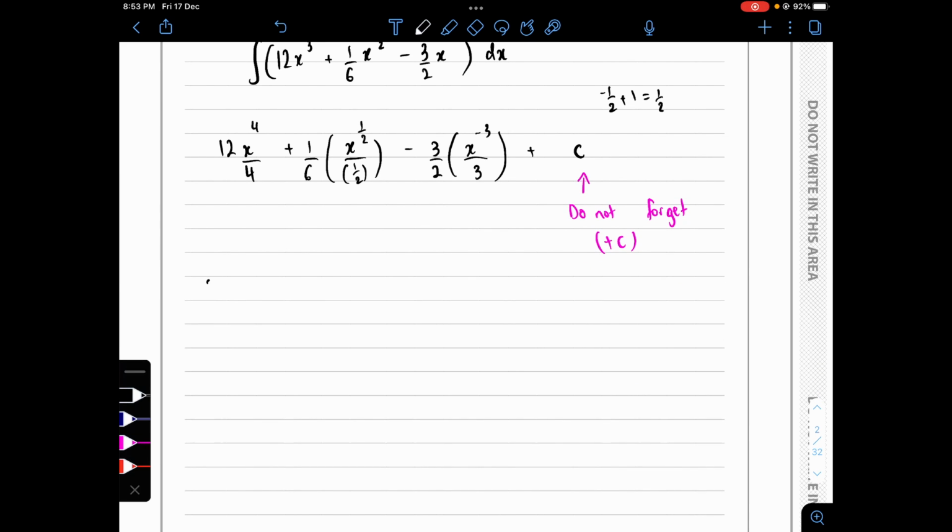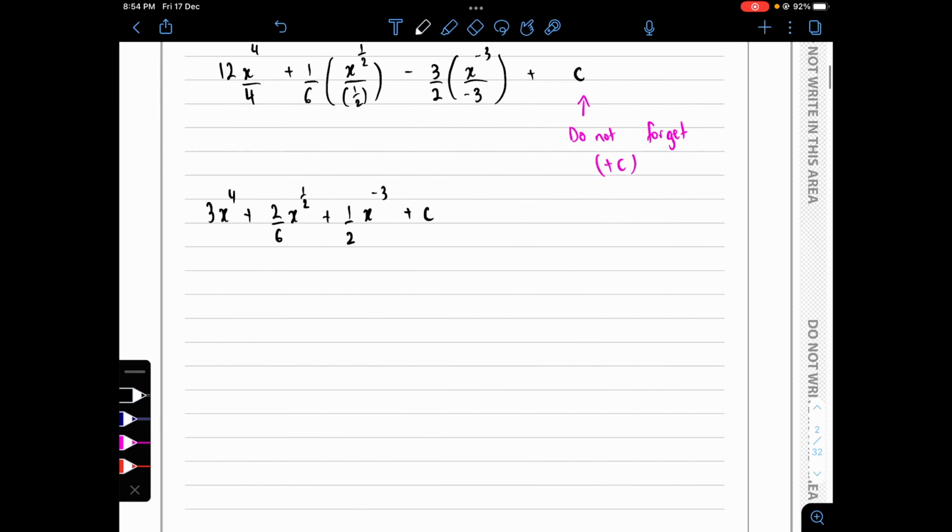So 12 over 4 is 3x to the power of 4. Now we have 1 over 6 and we're dividing by a half, which is the same thing as multiplying by 2. So that'll be plus 2 over 6 x to the power of half, and then minus 3 over 2, over minus 3, so minus 3 divided by minus 3 cancels out, becoming plus 1 over 2 x to the power of minus 3, plus c.